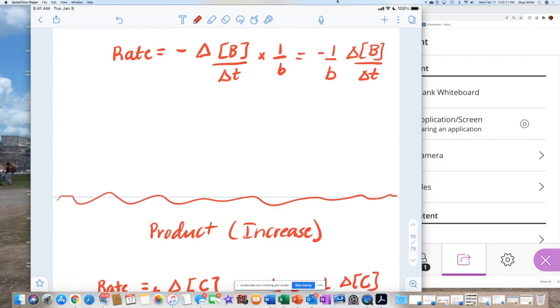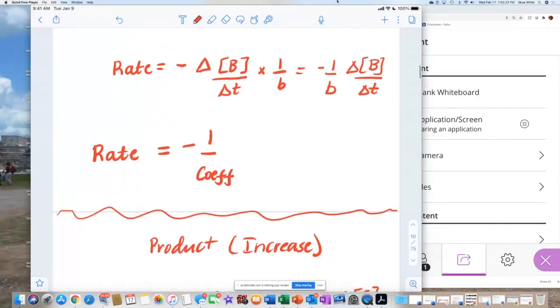So one of the ways they're going to ask you this question is, I have seen this, so I've made note of that. They can say in general, rate for the reactant equals negative 1 over the coefficient, like we just saw, times the change of B over change of A. That's sometimes called the rate of disappearance. I have seen questions where they're asking you to calculate the rate of disappearance.